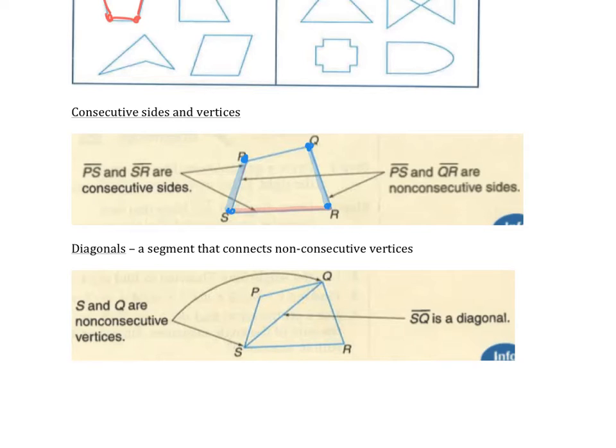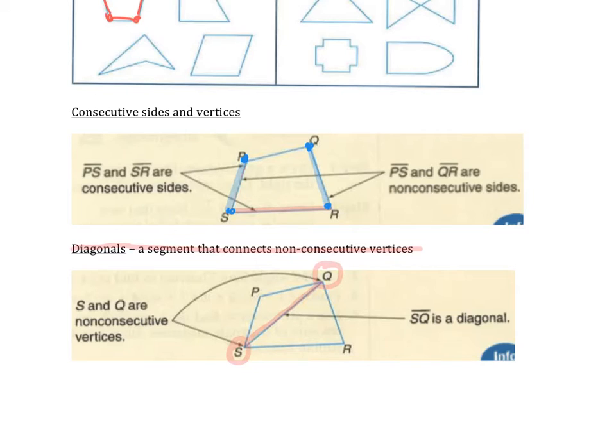A diagonal is a segment that connects 2 non-consecutive vertices. So again, consecutive means right next to each other. So we're talking about vertices that aren't right in a row here. The example they have given for us here is a diagonal from the non-consecutive vertices of S and Q. So that diagonal is right there.